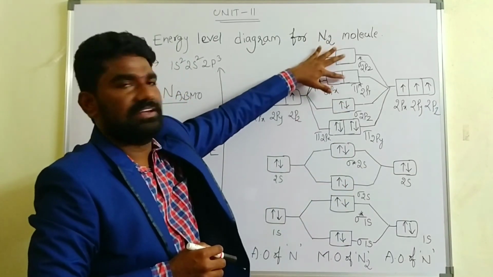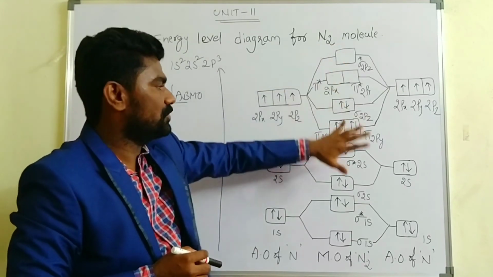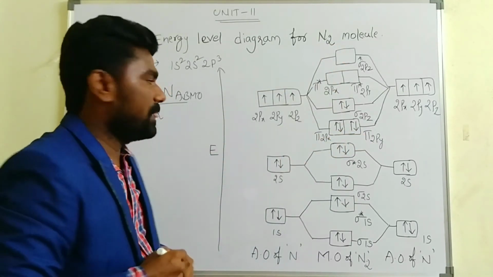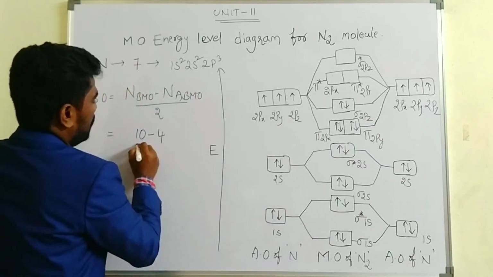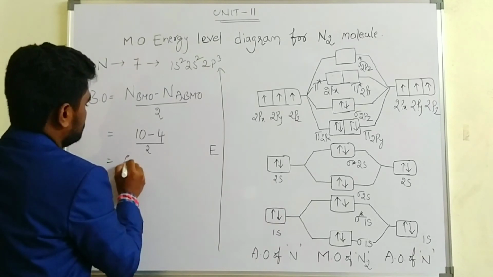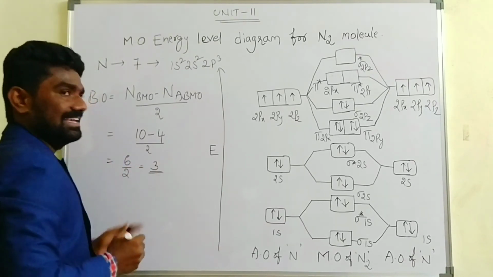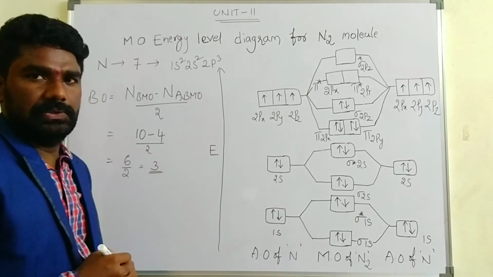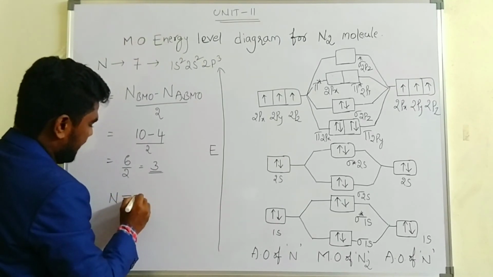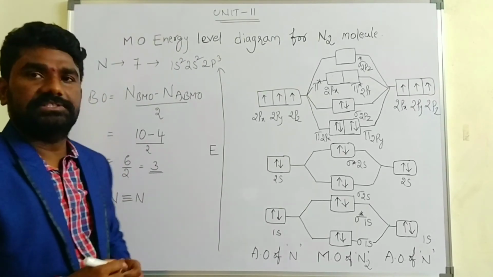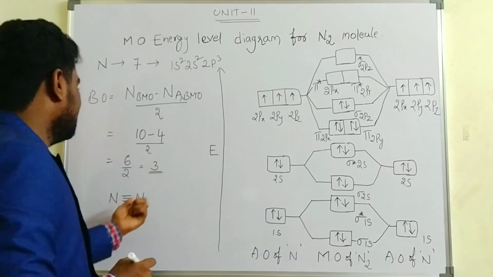Remaining anti-bonding molecular orbitals are empty here. Total we have only 4 anti-bonding electrons, that is 10 minus 4 by 2, equals 6 by 2, equals 3. The bond order is 3 for the nitrogen molecule. That means the bond between the two nitrogen atoms will be a triple bond, because the bond order is 3.